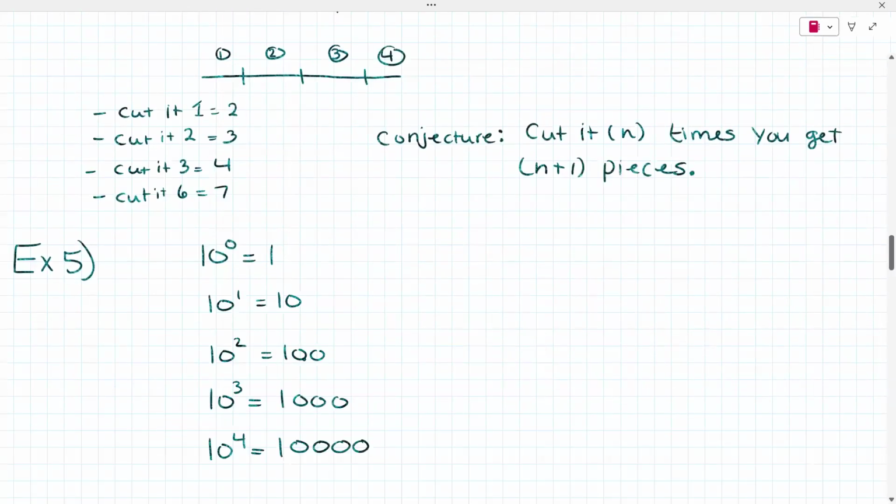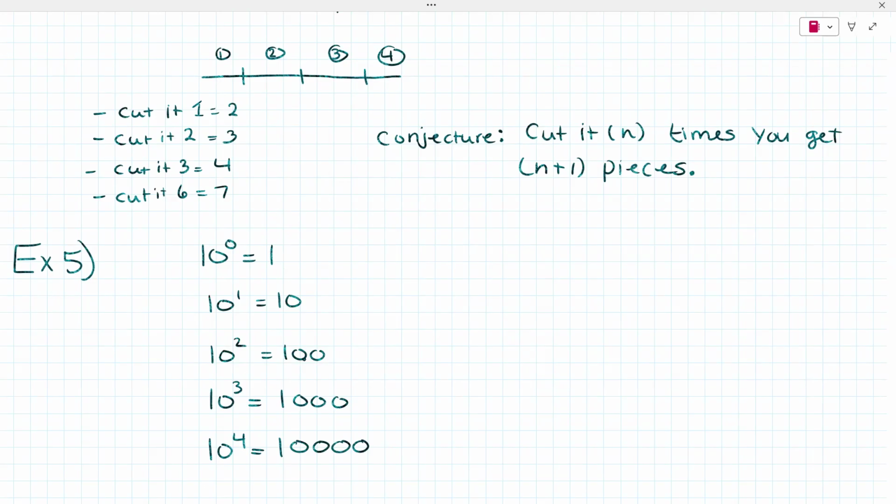Okay, let's look at example 5. 10 to the 0 is 1, because anything raised to the 0 is 1. 10 to the 1 is 10. 10 to the second is 100. 10 to the third is 1,000. And 10 to the fourth is 10,000. What would be the conjecture? The n value equals the number of zeros.